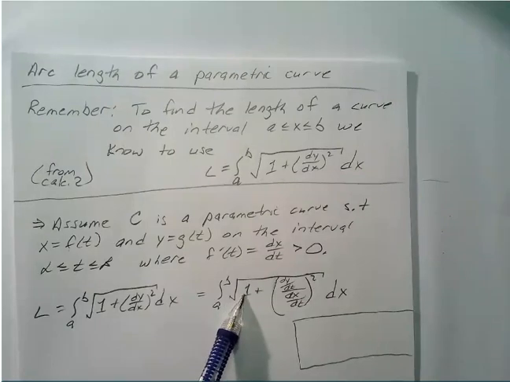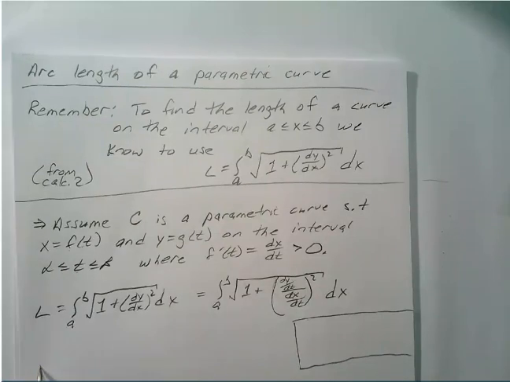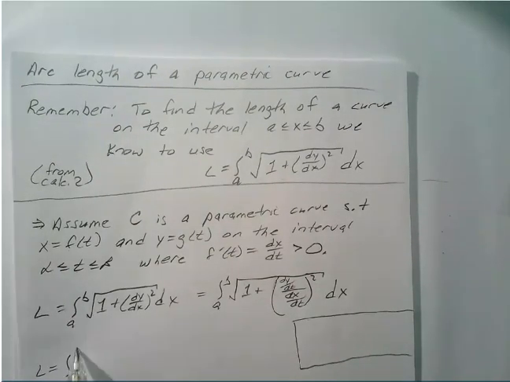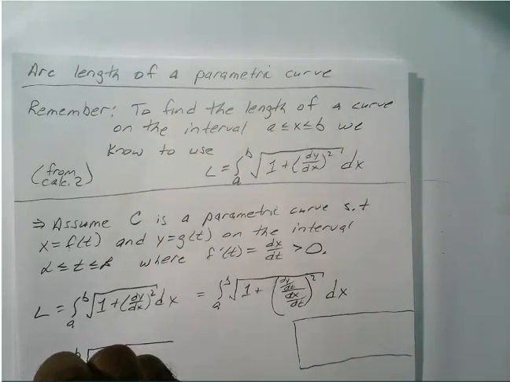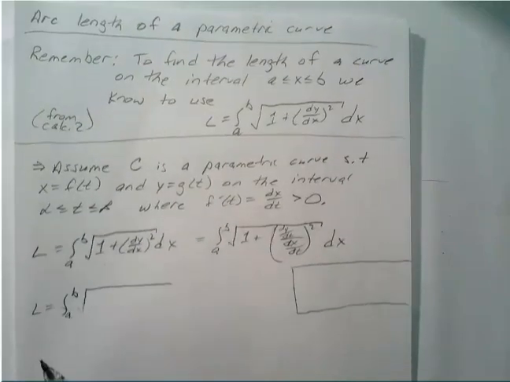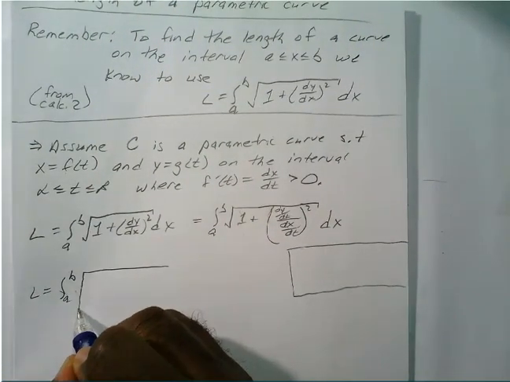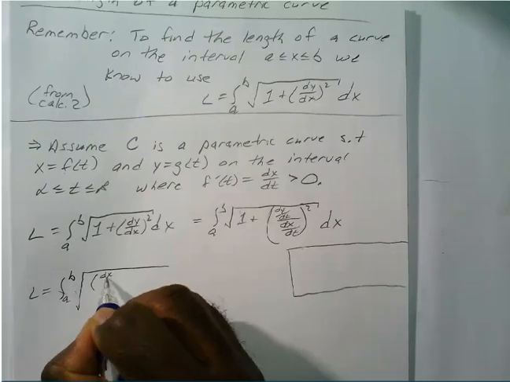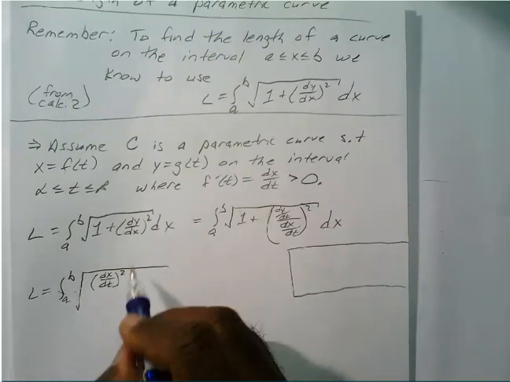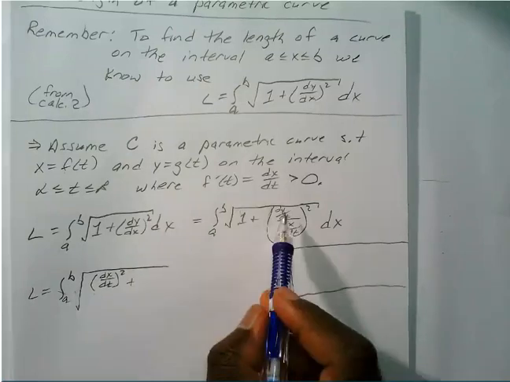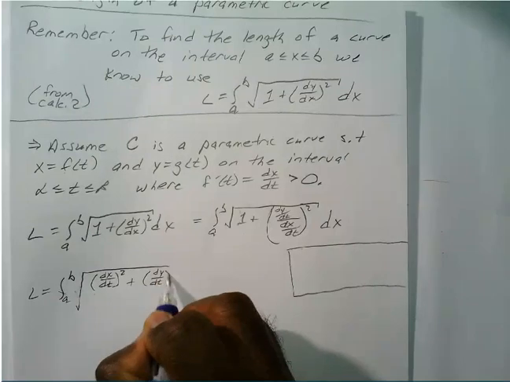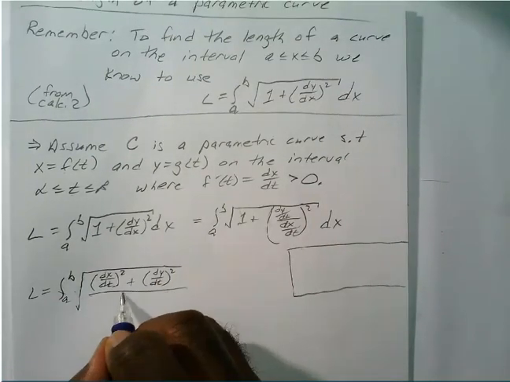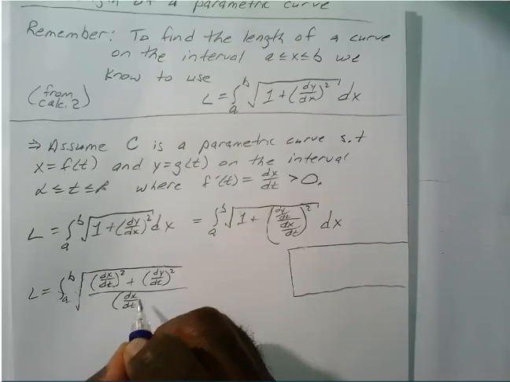One, we're going to make 1 equal to dx dt squared over dx dt squared. So we have dx dt squared plus, since this is dy dt over dx dt squared, we're just going to break that up, dy dt squared over dx dt squared.